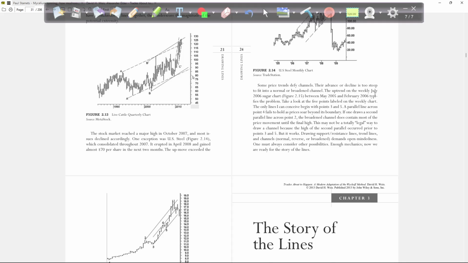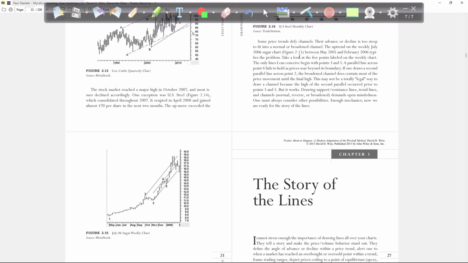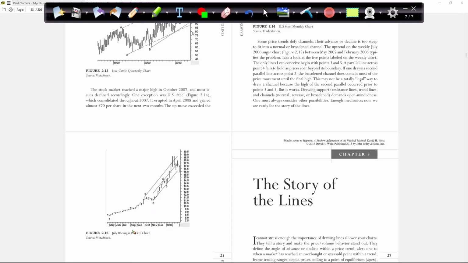The uptrend on the weekly July 2006 sugar chart, figure 2.15, between May 2005 and February 2006, typifies the problem. Take a look at the 5 points labeled on the weekly chart.